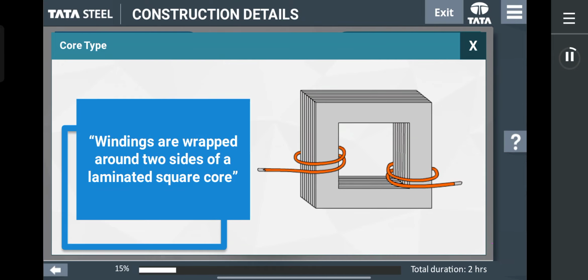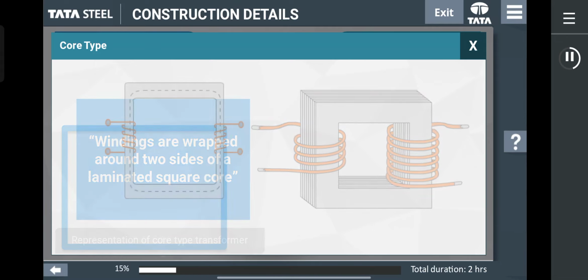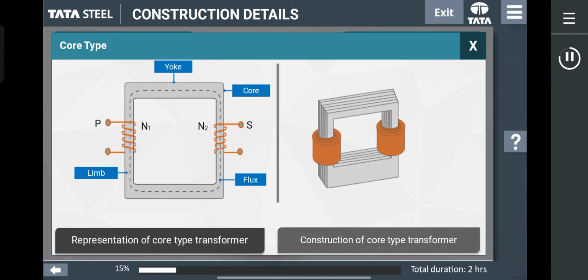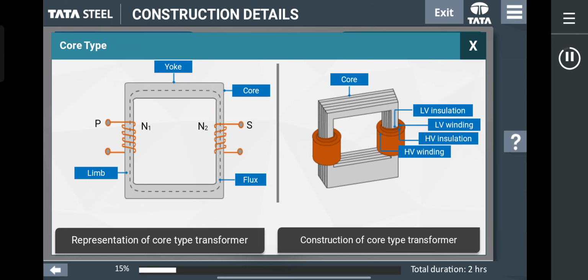In core type transformer, windings are wrapped around two sides of a laminated square core. Here, the representation of core type transformer is given. Here, the construction of core type transformer is shown.